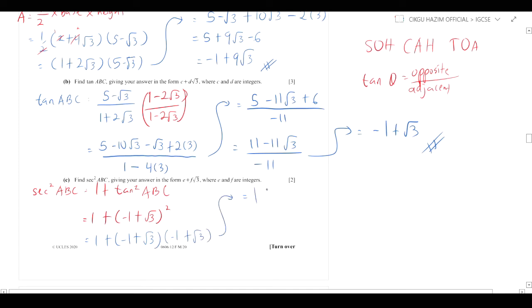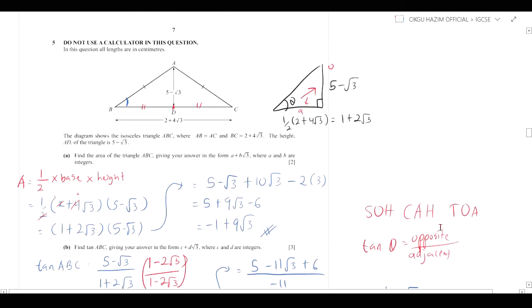So 1 plus, with negative 1 multiplied by negative 1 is positive 1. Negative 1 multiplied by root 3 is negative root 3. Root 3 multiplied by negative 1 is negative root 3. And root 3 multiplied by root 3 is 3. So 1 plus 1 is 2, 2 plus 3 is 5 minus 2 root 3. That's your answer. So that's how we do for question C.